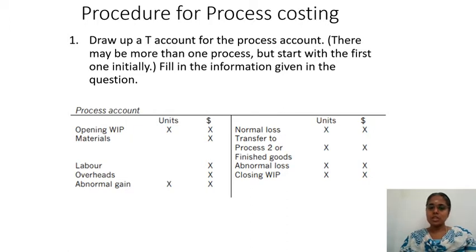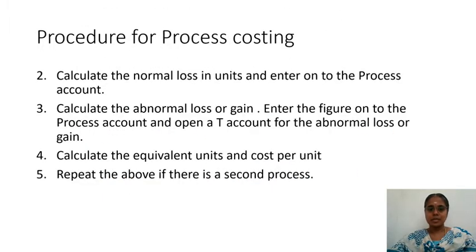So what is the number of units of finished goods produced and the value of those finished goods, and the normal loss. Normal loss will have units and will not have any value because it is normally occurring. But the abnormal loss will have units as well as the value for the abnormal loss units, which will be calculated during the accounting process.